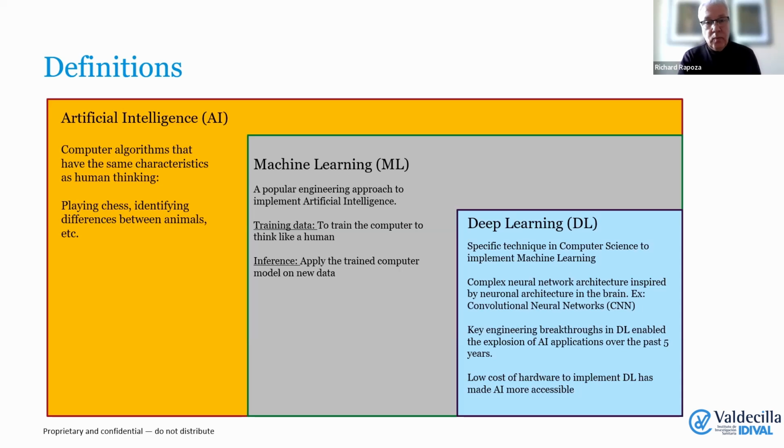Machine learning is one of the ways of doing it. In the umbrella of artificial intelligence, machine learning is a technique to teach a computer how to build an algorithm. It's a popular engineering approach where you use training data. You have a vast set of data from either a data lake or a specific effort you have endeavored in collecting the data to train the system.